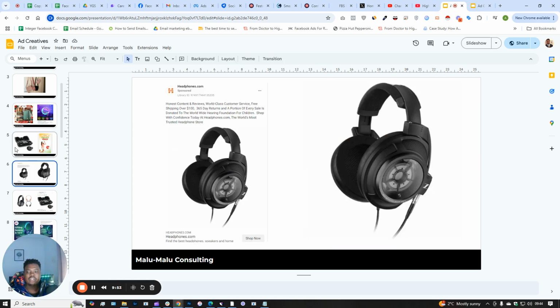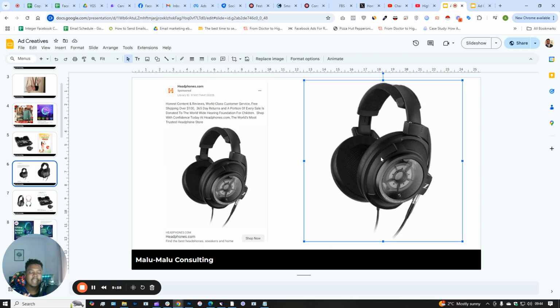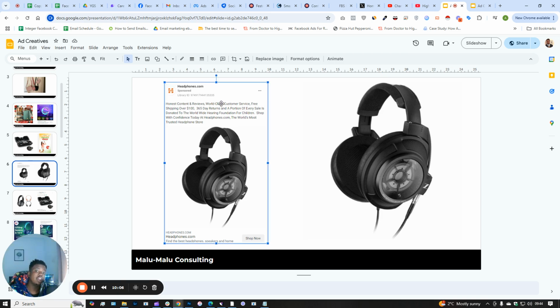So similar to this one, again, the purpose of the creative is to grab someone's attention, build interest, build intrigue, so much so that they want to read the copy. And the copy will let them know exactly what the product is, what it does for them, the benefits, and of course, a call to action, usually wrapped around an offer for them to click shop now, buy now.